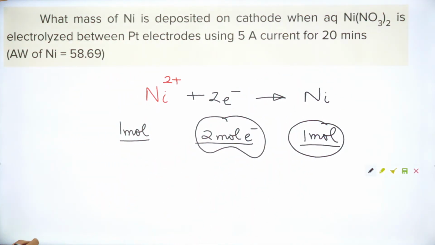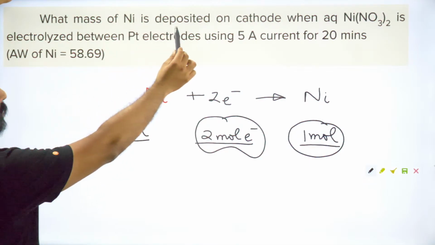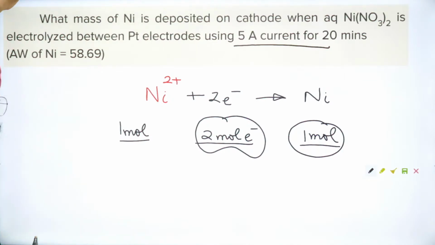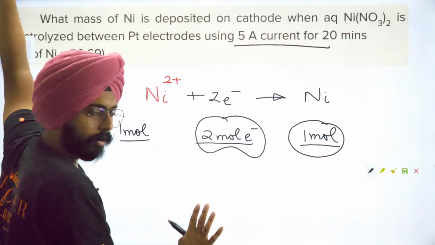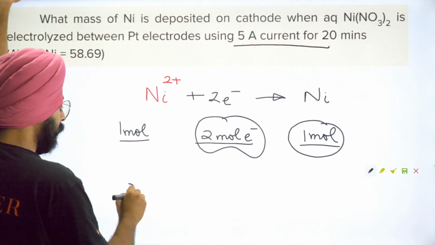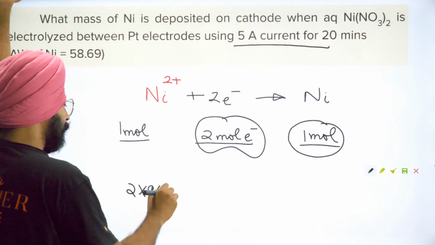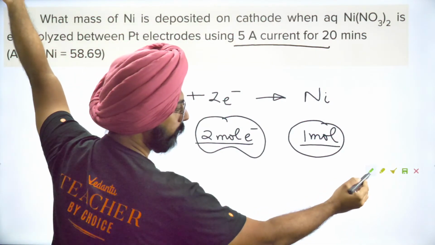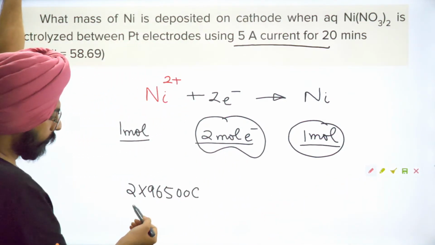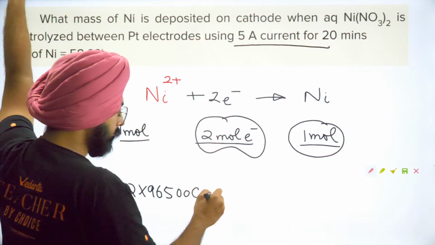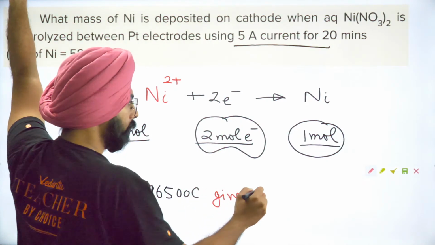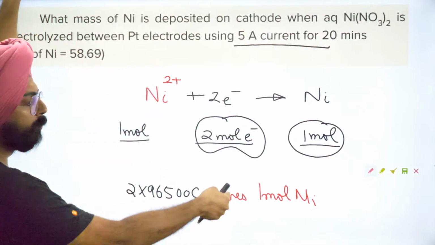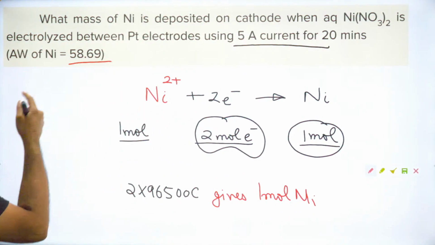deposition. Over here it asks what mass of nickel is deposited on the cathode when this much current is provided. Let's write this in a statement. I can write 2 into 96,500 coulomb charge, that is 2 mole of electrons, gives 1 mole of nickel. 1 mole of nickel is 58.69 grams.